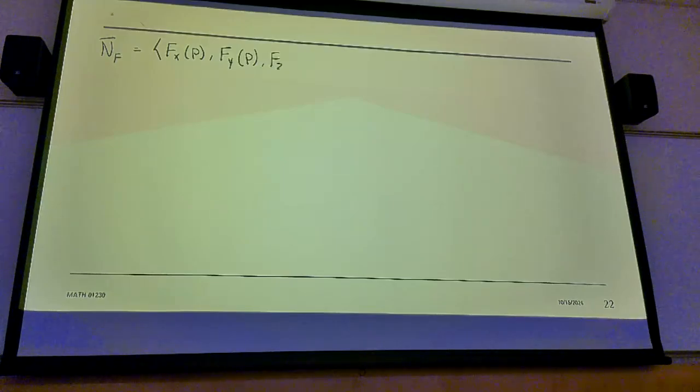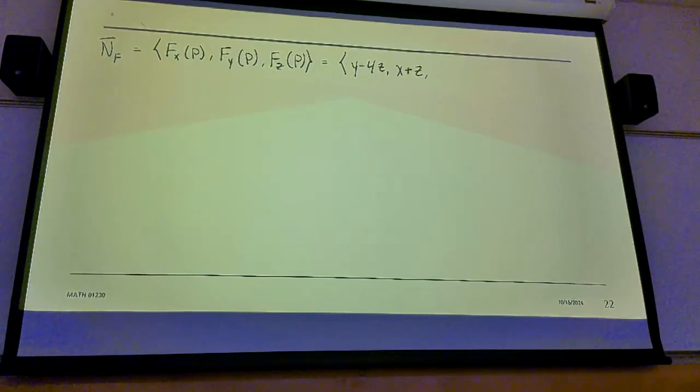Normal vector for F. What is F_x? F_y. F_z. Y minus 4x.